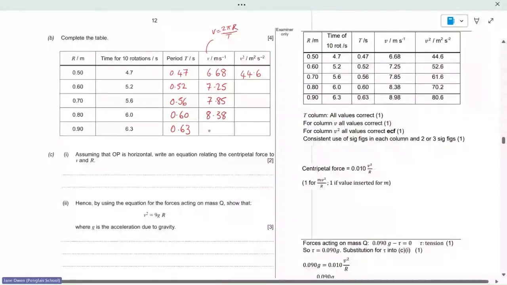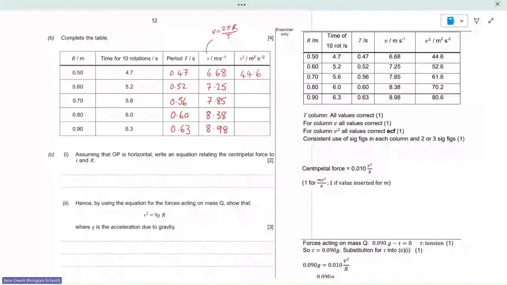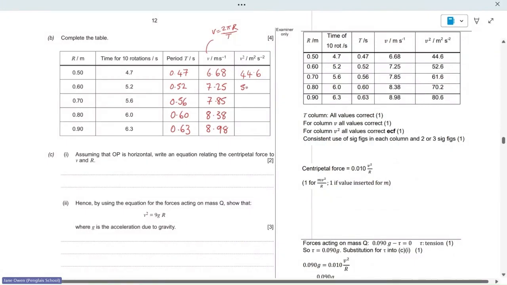Now be careful when you're rounding, round it correctly. Be careful also if you've got something left in your calculator, because they're assuming that you're going to do 7.25 squared, not what's on your calculator all squared. You'll get a slightly different number, and it might affect your results. So 52.6.